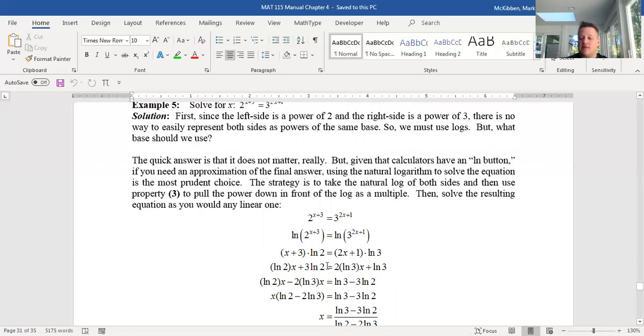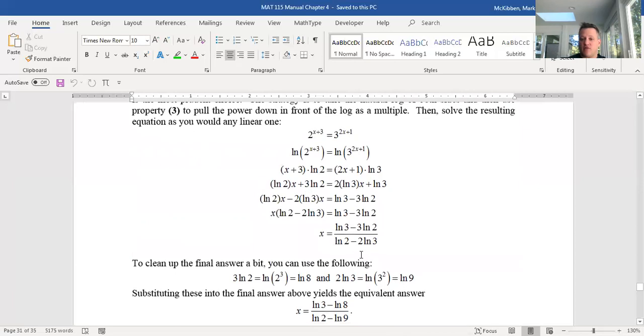Now that is a linear equation, right? You have a number times x plus a number equals a number times x plus a number. So I'm going to gather the x's on the left, the other numbers on the right. That's what I've done here. I'm going to yank the x out like I normally would, and then I'm going to divide by that coefficient of x. And so this turns out to be the solution.